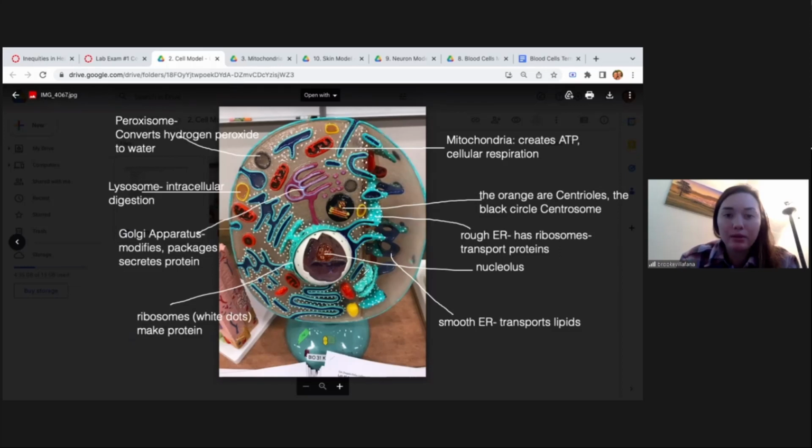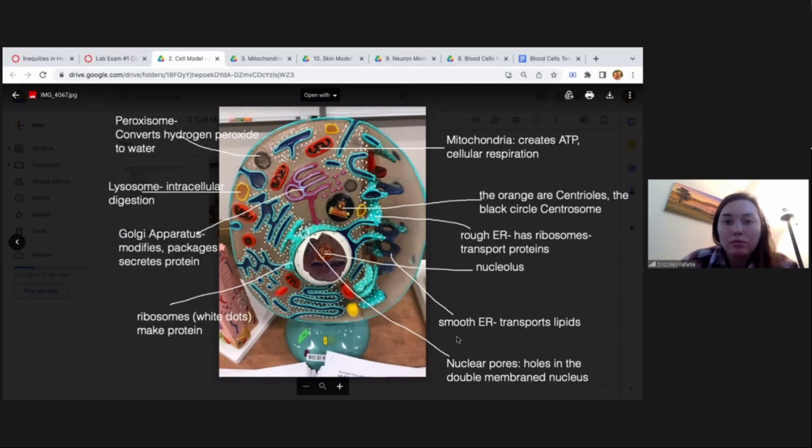And then the holes are the nuclear pores. Okay, that should be everything, and then all the functions as well.